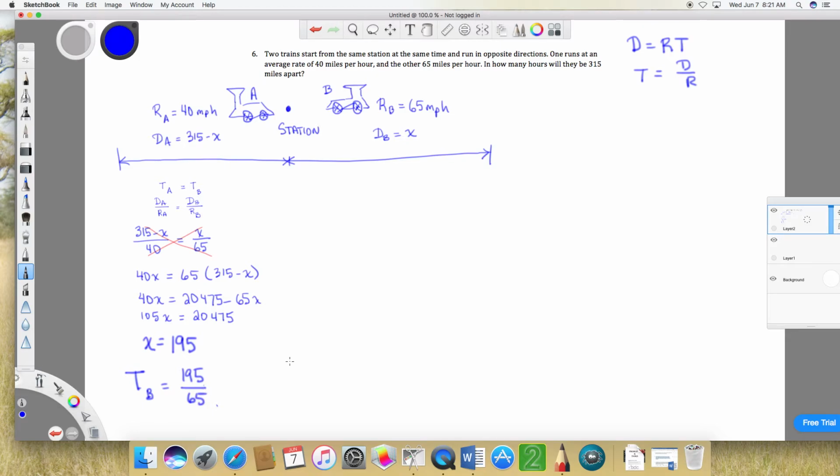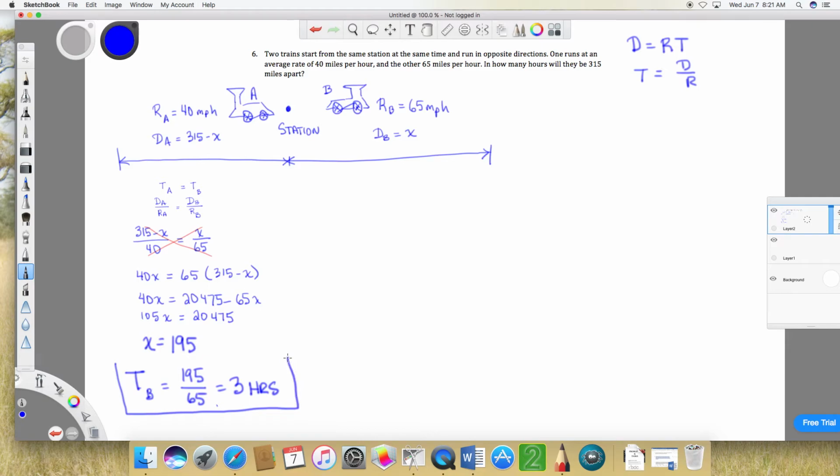And I'm getting 3. So it will take 3 hours under these conditions for these two trains to be 315 miles apart. So there's our final answer.